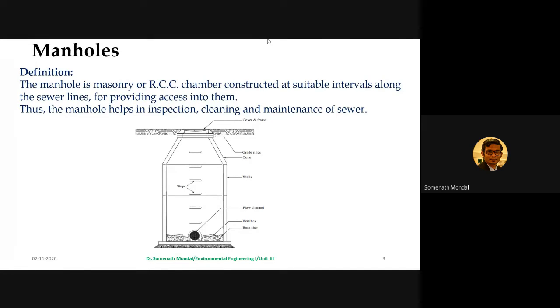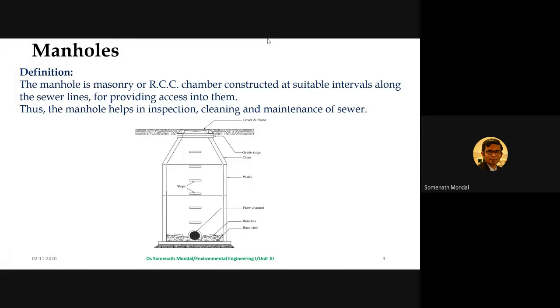We have a bottom base slab, and on top of the base slab the pipe will be resting. You have benches, and benches will have a certain slope, so that if there is water or any liquid in any part of the manhole, it will converge towards the flow channel. Then you will have steps to reach the bottom of the manhole.